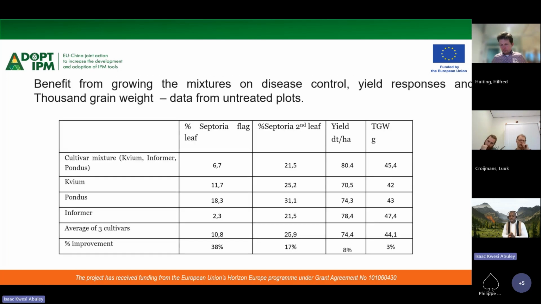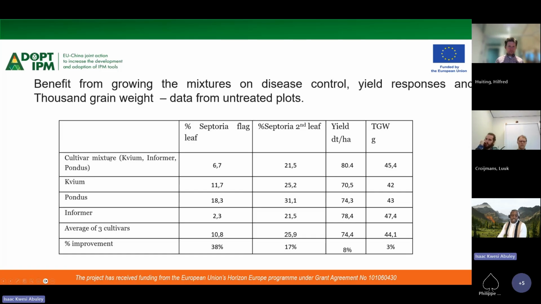Now, we summarize all the results we've had, not just from these particular trials, but also previous years. Then we look at the improvement we get from cultivar mixtures in terms of disease severity on the flag leaf and the second leaf, the yield in decitons per hectare, and the 1,000 grain weight in grams.